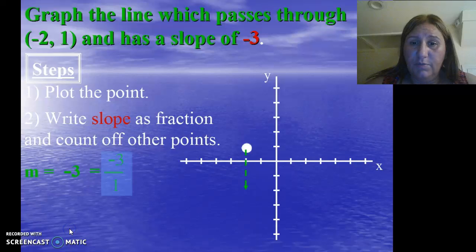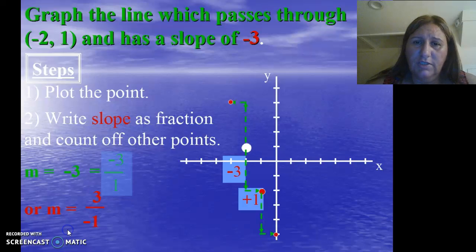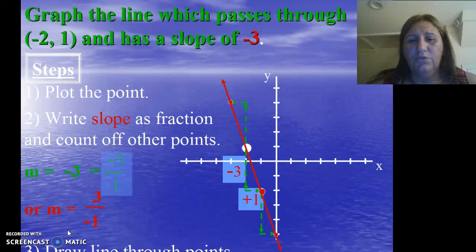In this case, the slope is negative, so we go down 3 units and to the right 1. You could already connect the points. We have 2 points, and that's all you need to draw a line. Or you could just continue the pattern. Connect the points to draw your line.